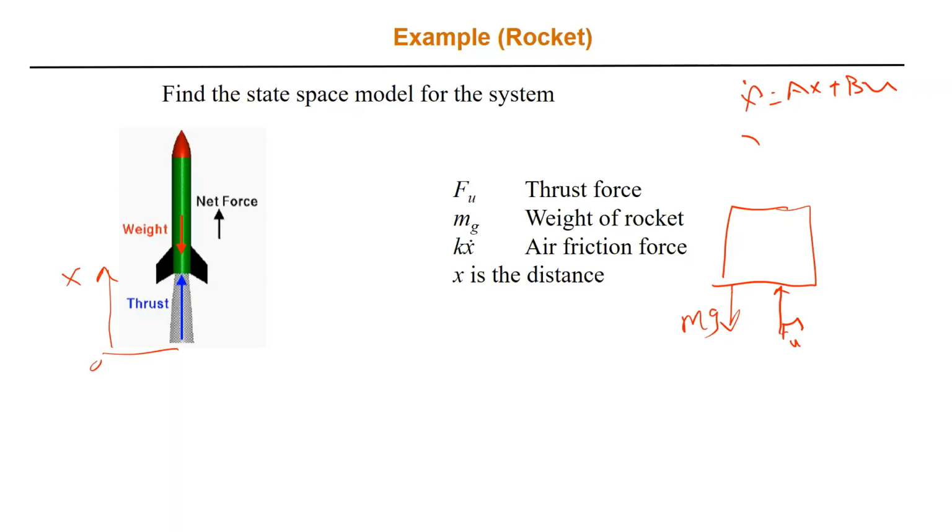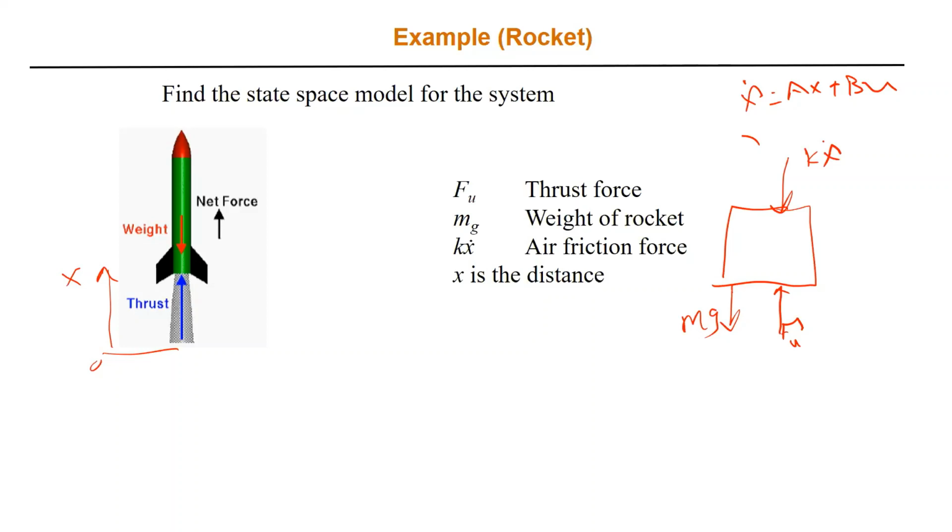Okay. Then we will have definitely the friction, which is proportional to the speed. So those are the forces on this rocket. So let me apply Newton's law in here. What's Newton's law in here?